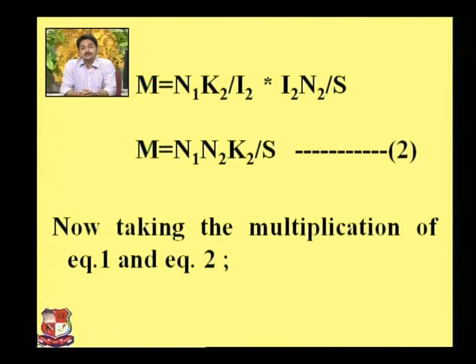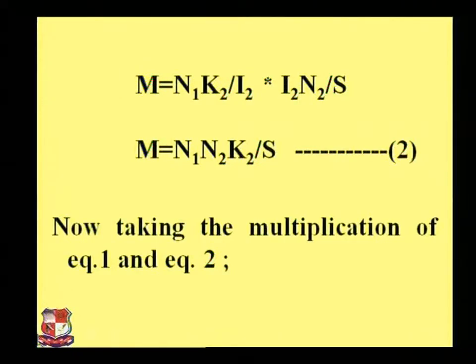Now taking the multiplication of equation 1 and equation 2, because we have to find the coefficient of coupling. That is why we couple some portion of coil A and coil B with each other.